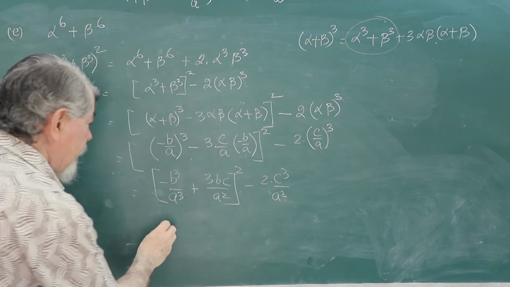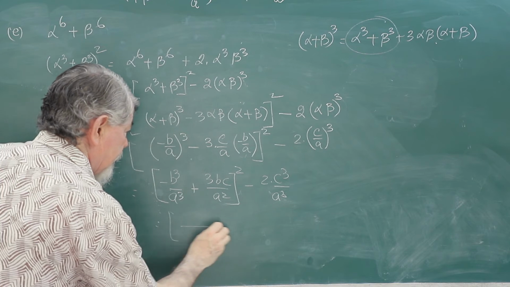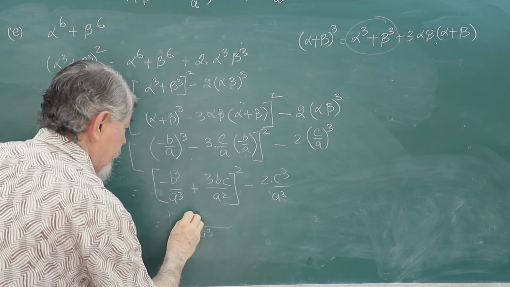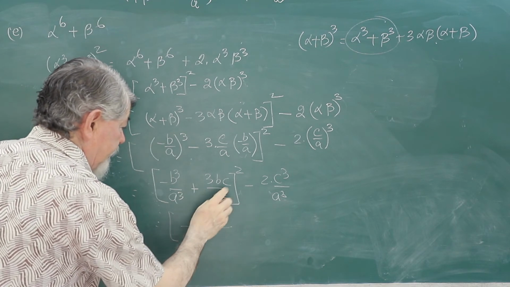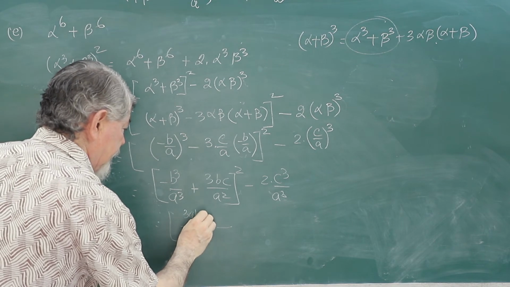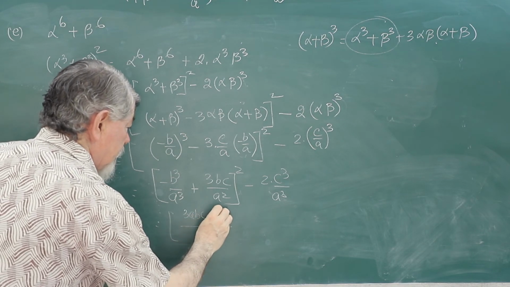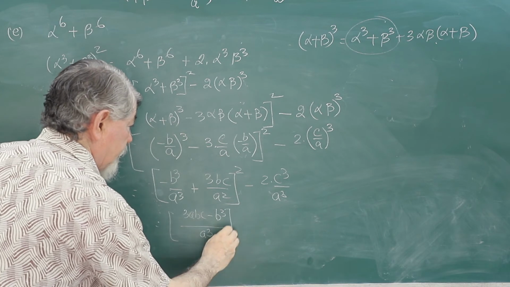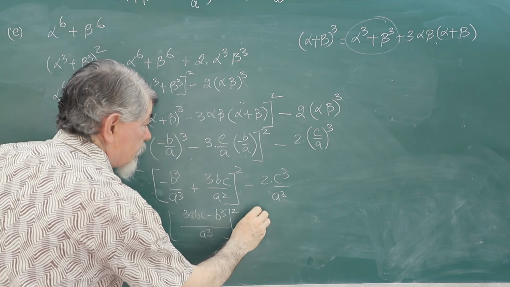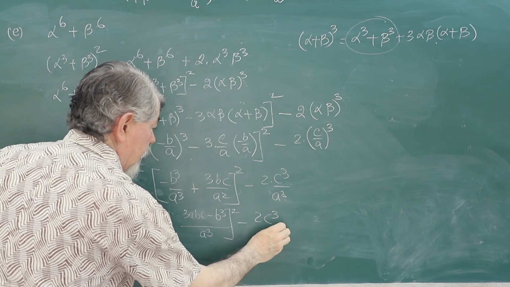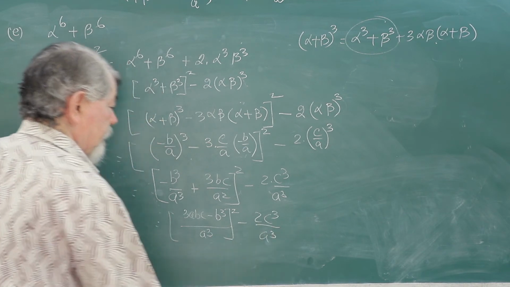Now if I take the LCM as a cube, it will become 3abc minus b cube, whole squared, minus 2c cube upon a cube.